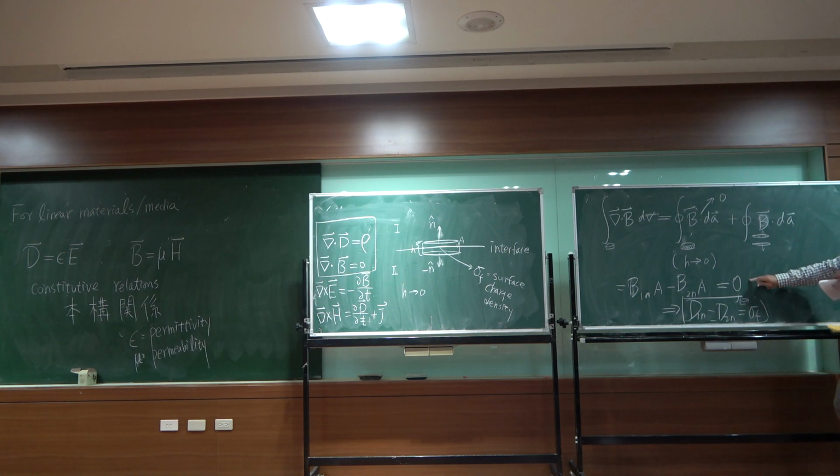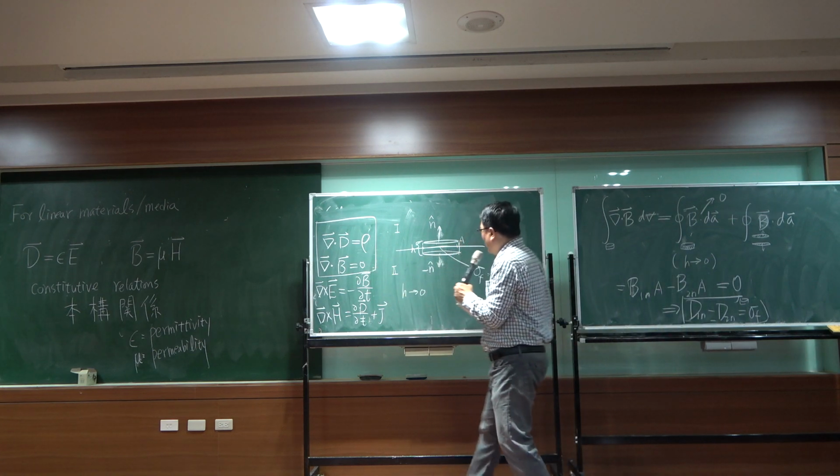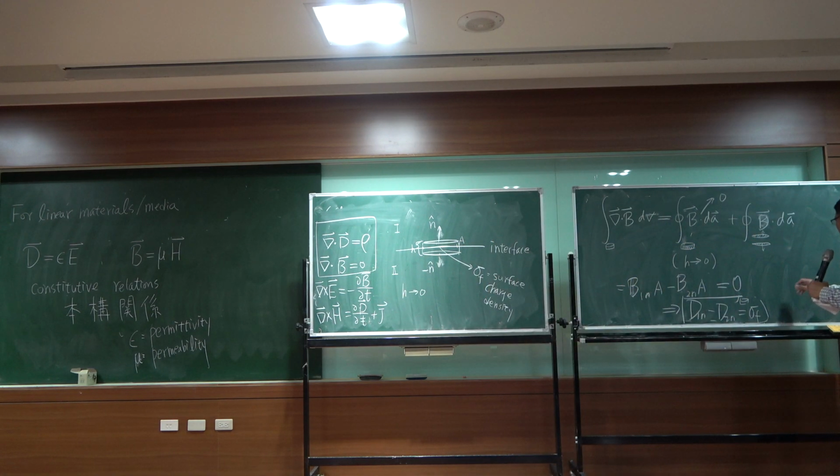This 0 comes from divergence B equal to 0, no monopole. So we get B1n is equal to B2n. So the normal component of the B field is continuous across this interface.